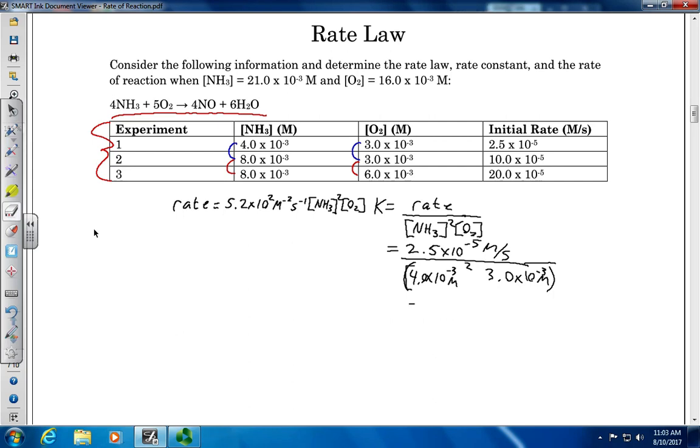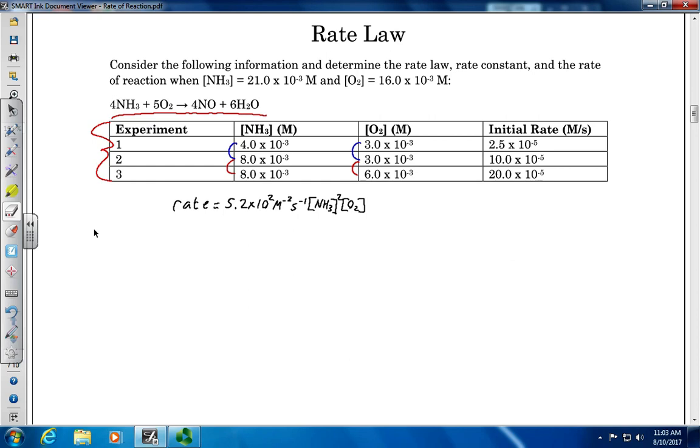So this is our refined rate law, wherein we have our rate constant as well as the appropriate exponents on the concentrations.